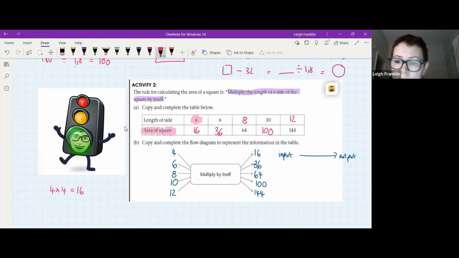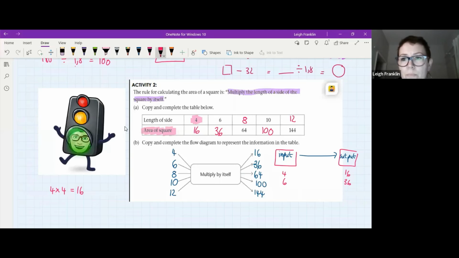We're starting with our input and we're producing an output, all right? So if we start with 4, our output is 16, or if we start with 6, our output is 36. So what operation are we using that turns 4 into 16 and 6 into 36 and 8 into 64? What operation is it?